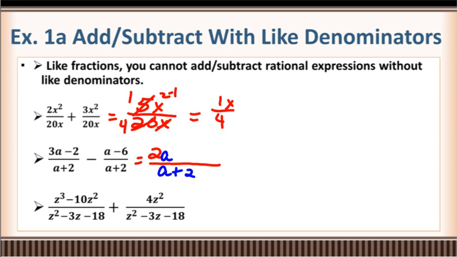So a negative 2 minus a negative 6 is really the same thing as negative 2 plus 6, which would be a positive 4. And now I can simplify here. I can factor out a 2 in the numerator. That leaves me with a plus 2. And that's important because in the denominator, I also have a plus 2. And I can simplify because the a plus 2 divide each other out. And all I'm left with is 2.